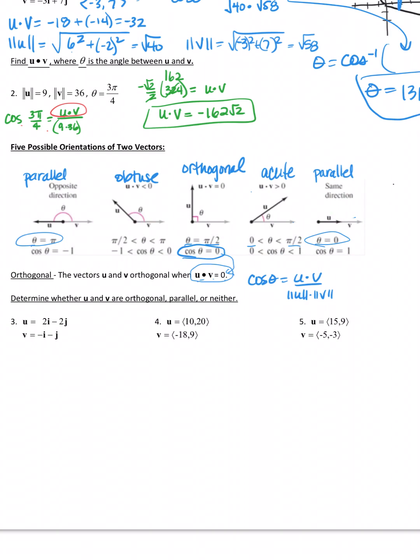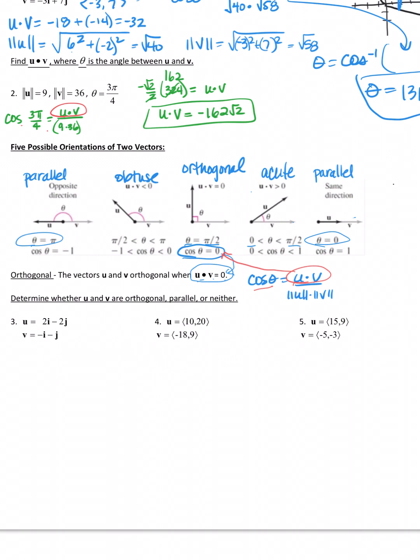So if we do our dot product and we realize that this is 0, well, 0 over anything is still 0. That would mean that the cosine of theta is 0, which then indicates that this is orthogonal. So sometimes you don't have to do all the work. You just got to do the dot product to realize what the relationship is between the two vectors.